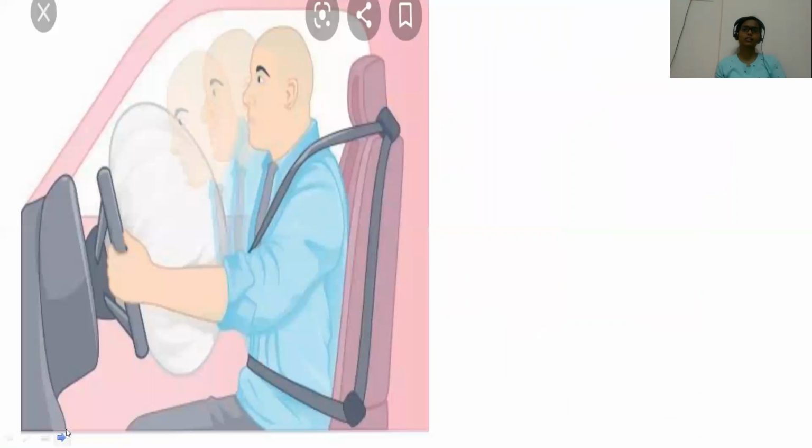Not only in that condition, you can observe here that the airbag is going to open when a sudden accident happens. What is the use of this? When you fall, the airbag takes time for you to fall on the wheel. So when the time increases, since time is inversely proportional to force, the force acting on his head will decrease, so that you won't get so much damage when an accident happens. At the same time, the seat belt also helps. If the brakes are suddenly applied, he will fall and get hurt.